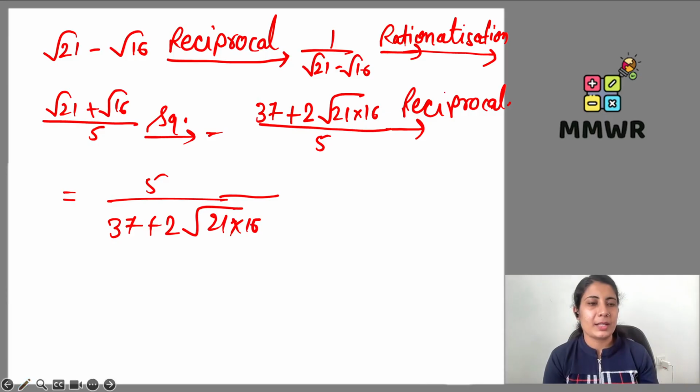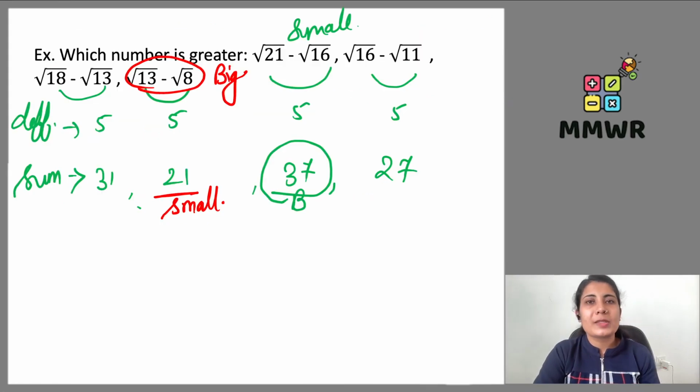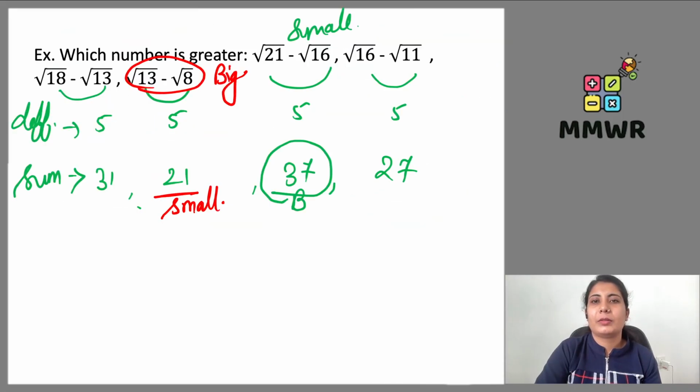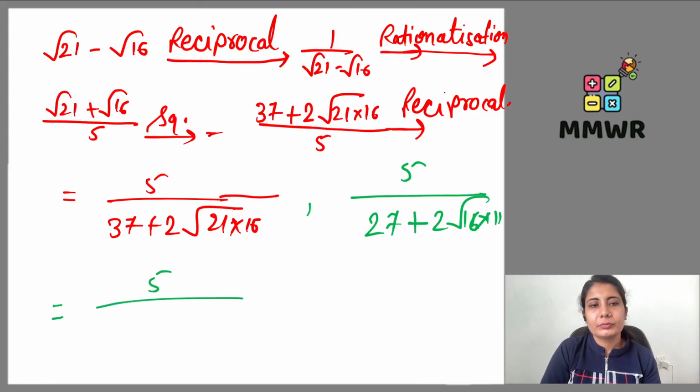At the end I am getting 5 upon this. Similarly, the second value will also be 5 upon this. So it has to be 16 plus 11, which is 27: 27 plus 2 root 16 multiply 11. Then 18, 13: 31 plus 2 root 18 multiply 13.